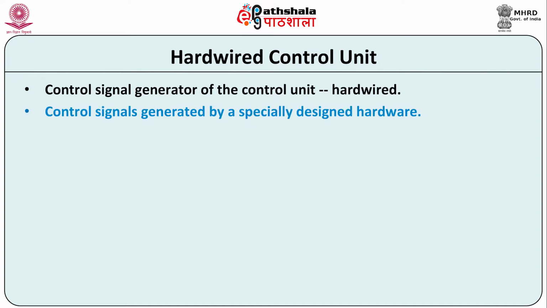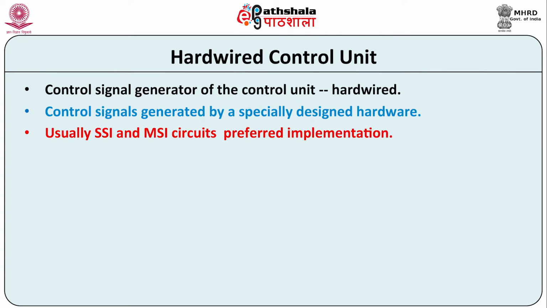It means that control signals required for the instruction execution are generated by specially designed hardware logic circuits. Usually SSI and MSI circuits are used for implementation. Various circuits are formed and interconnected by wires to generate a control circuit.